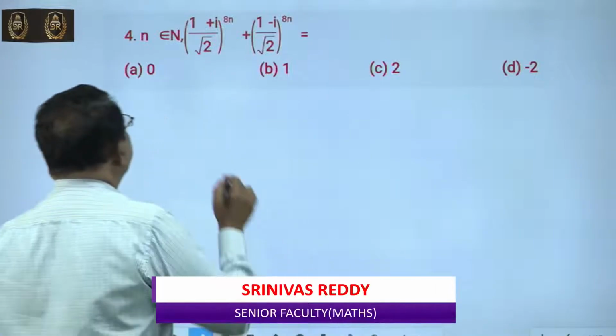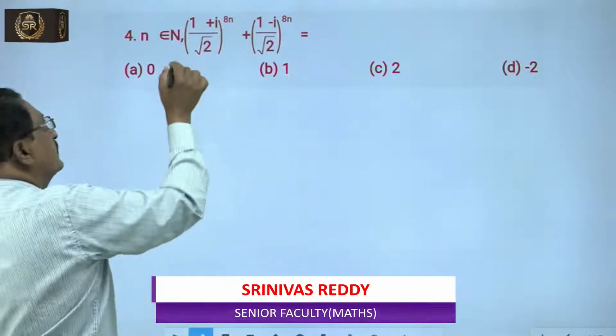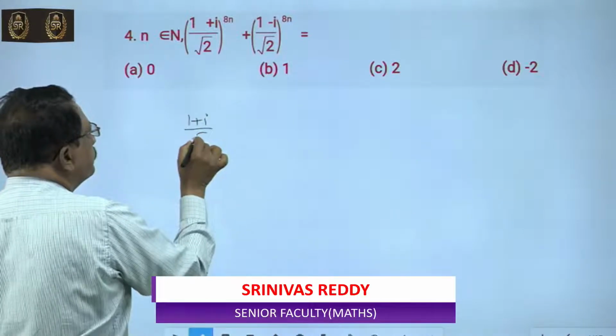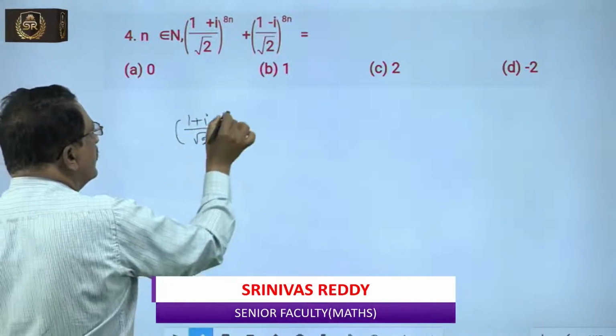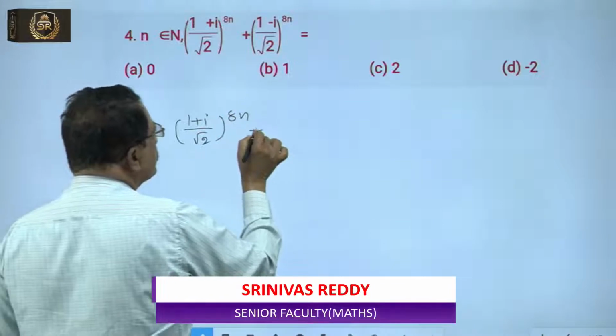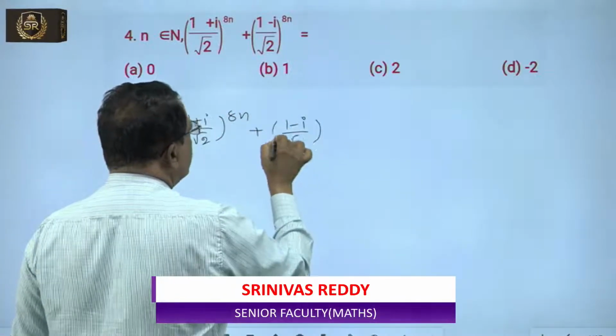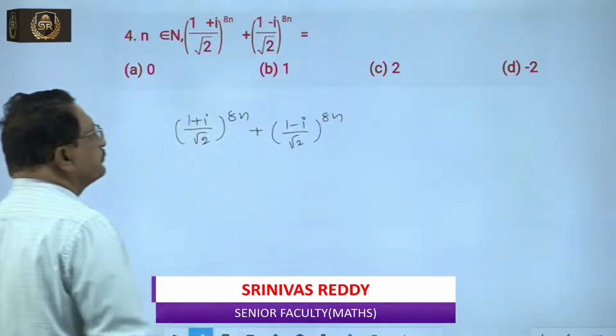Next, third problem. n belongs to natural numbers. (1 plus i by root 2) whole to the power of 8n plus (1 minus i by root 2) whole to the power of 8n equals to.